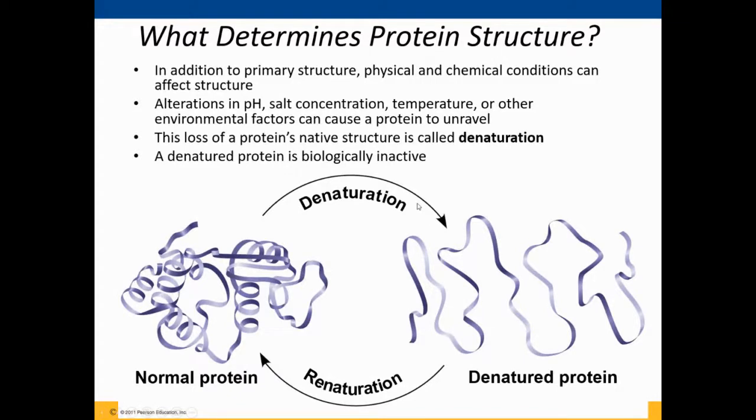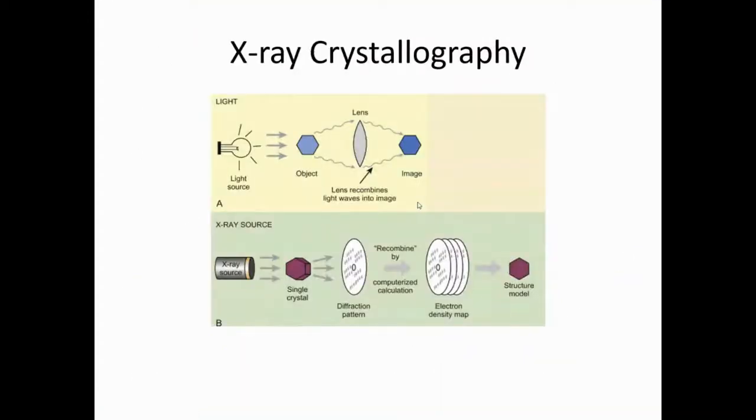To determine the protein structure, nowadays there are two popular techniques. One is X-ray crystallography, and the other is nuclear magnetic resonance, NMR spectroscopy.